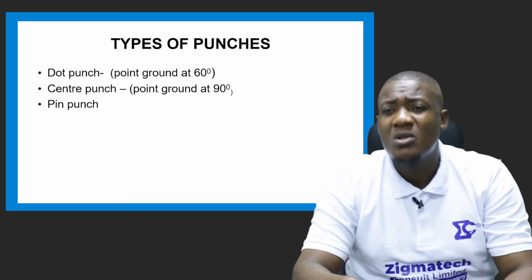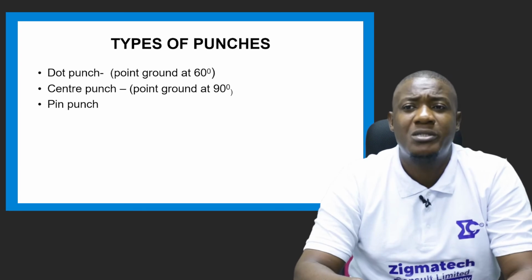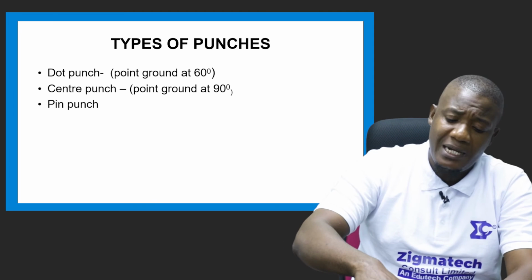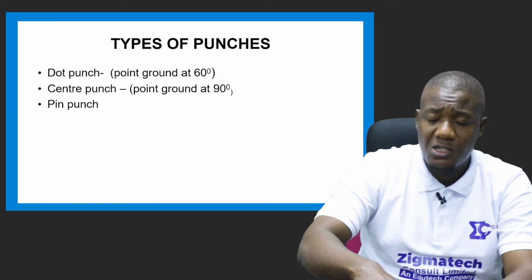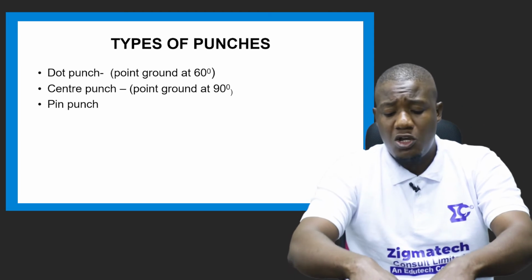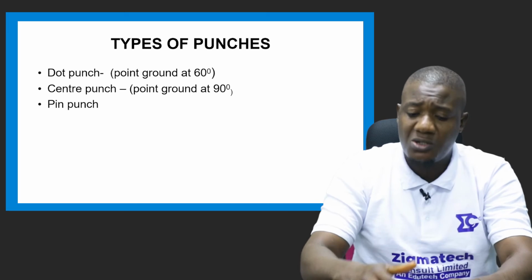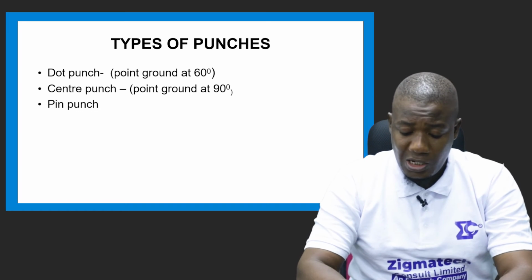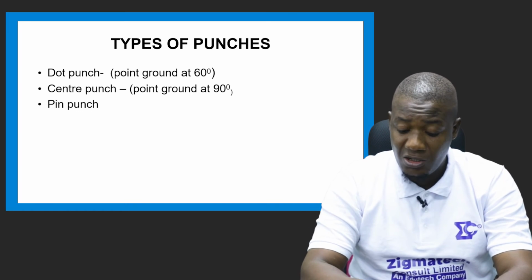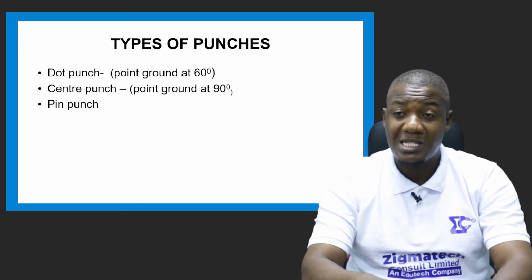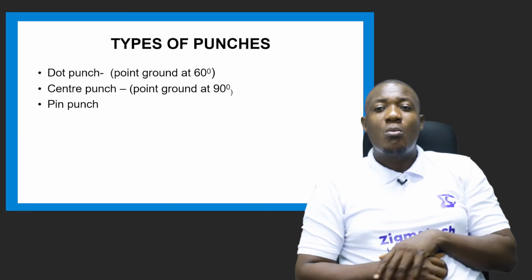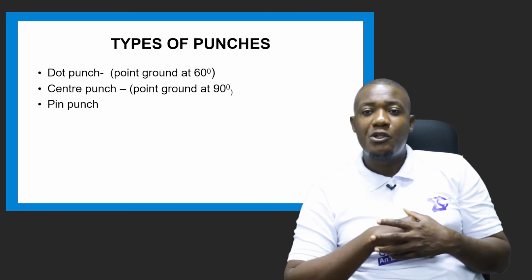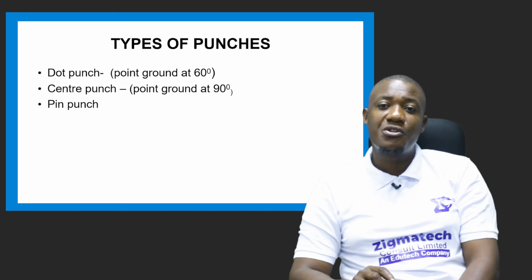Please take note. But for a center punch, the ground is going to make an angle of 90 degrees. If you make an indentation on the wood, you're going to see that the angle the center punch makes is 90 degrees, but for a dot punch, the angle is going to be 60 degrees.